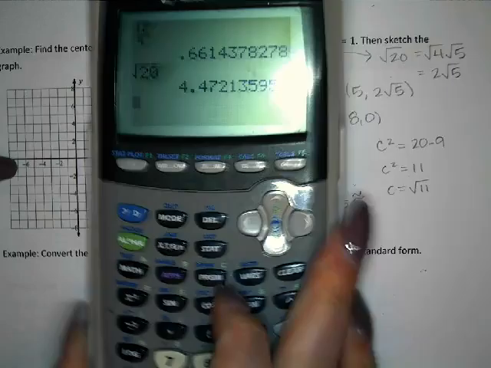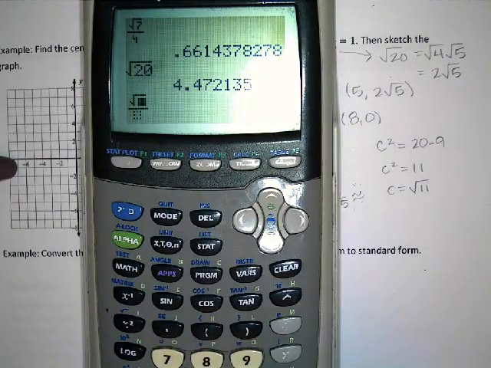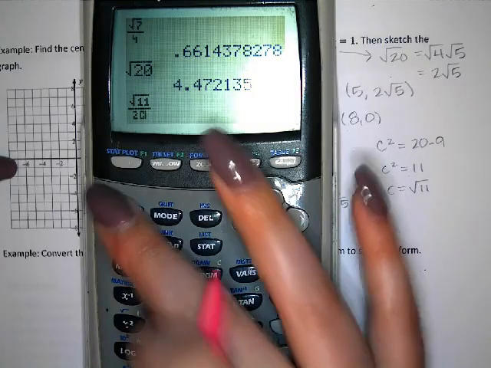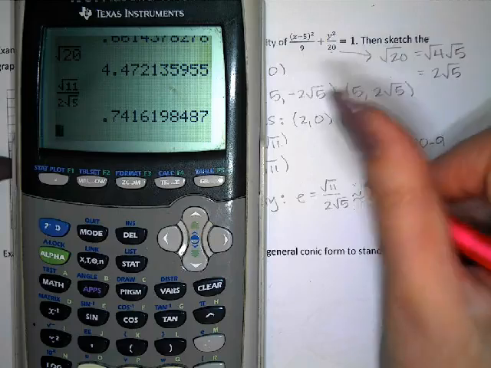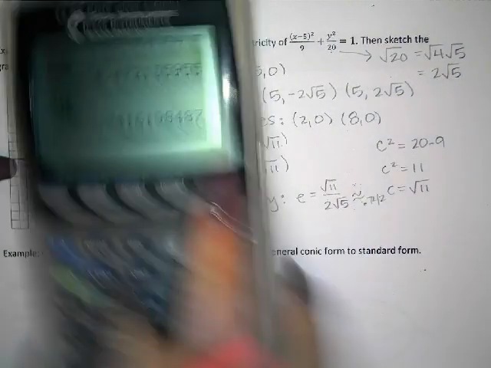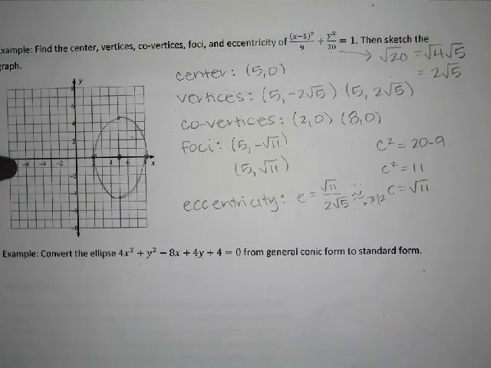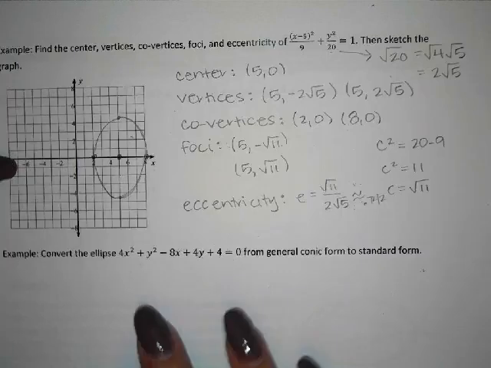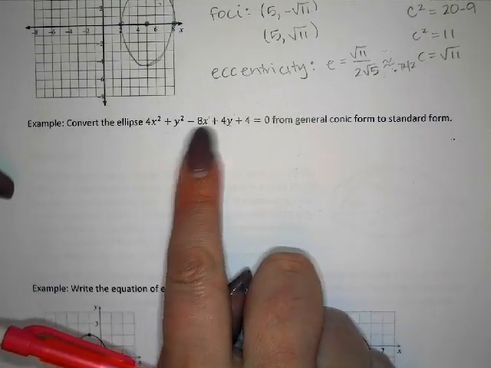I wish that I had paid attention to that. The decimal is about 0.742. And this gave us an answer that we were expecting. This one's more squashed than the last one was, and so this decimal is closer to 1 than the last one was.